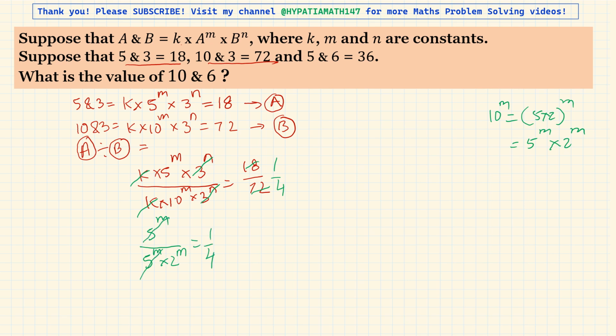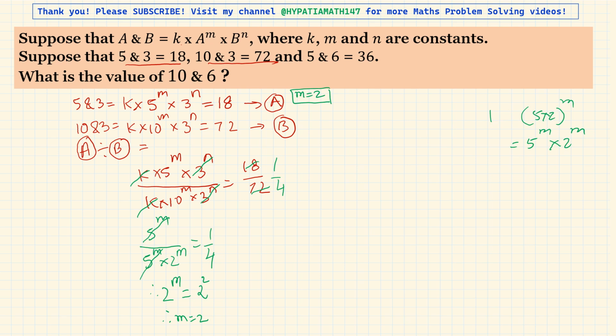So the 5 to the power m will go. We are left with 2 to the power m equals 1 out of 4. Sorry, equals 4. And that is not 4, but we can write it as 2 squared. Therefore, m equals 2. So we've got m equals 2 from here.